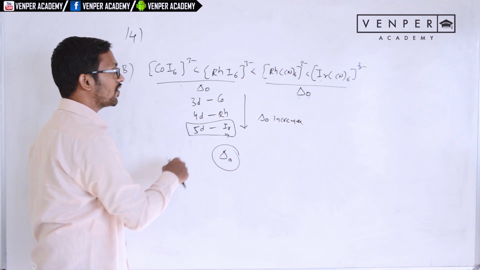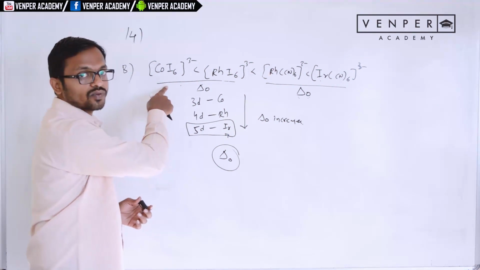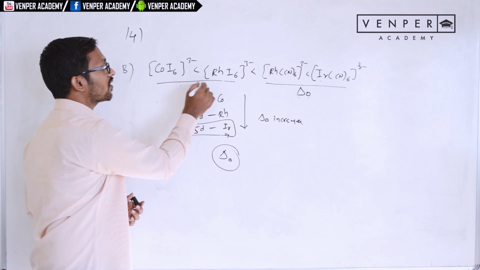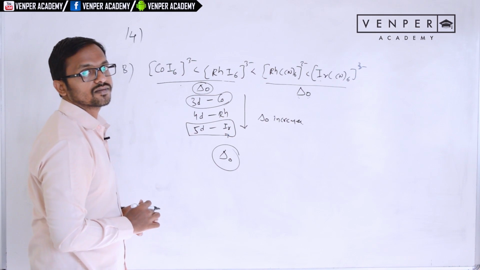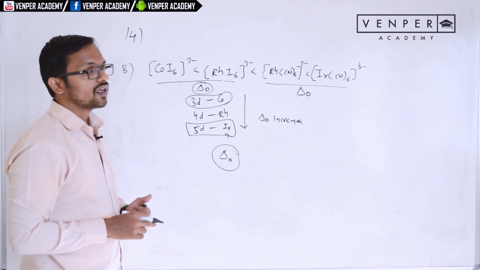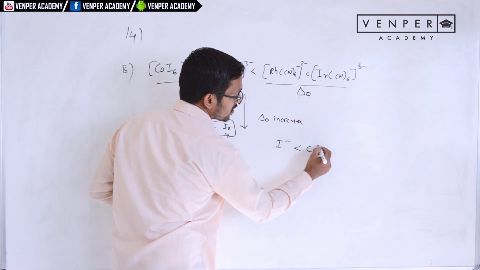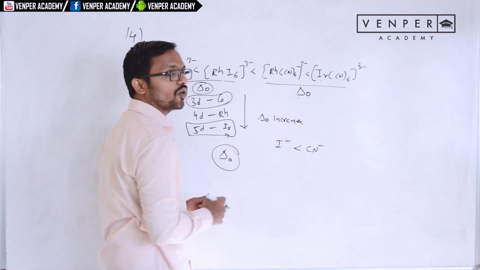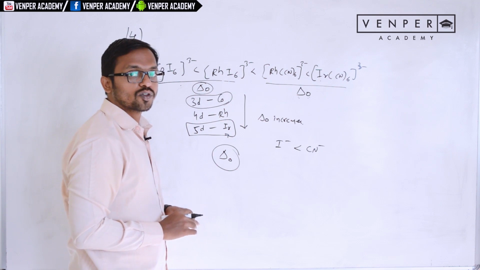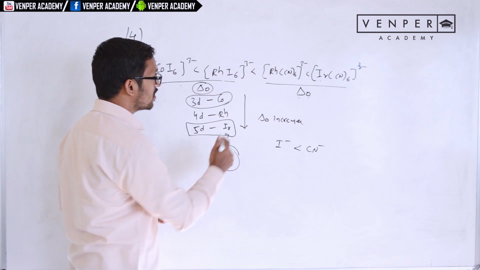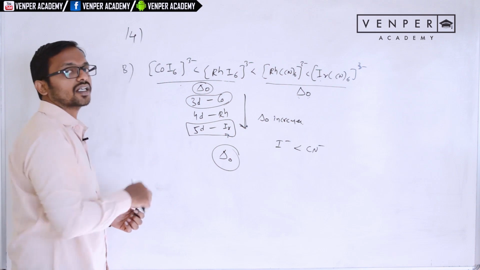So here it belongs to the fifth period, so it will have the more value, followed by the lesser one, and these delta naught values are very less because it belongs to the 3d series. Okay, so two things are there. One is strong field and weak field. I is the weak field and CN minus is strong field. That is the reason why this will have the more value, this will have the less value. When we compare same group elements or same group ions, from top to bottom delta naught value increases. So B is the correct answer.